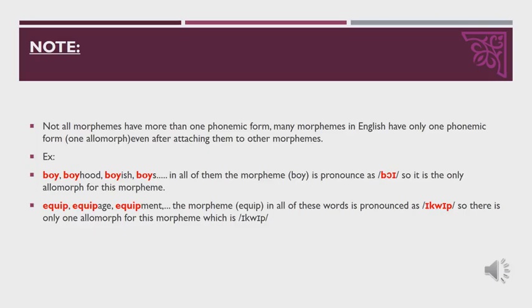After adding the derivational suffix -ment, the word becomes equipment. Again, the same pronunciation: equip, equipage, equipment. In all of them, this morpheme is pronounced the same. It has only one phonemic form, one allomorph. So this morpheme has only one allomorph even after adding derivational suffixes to it.